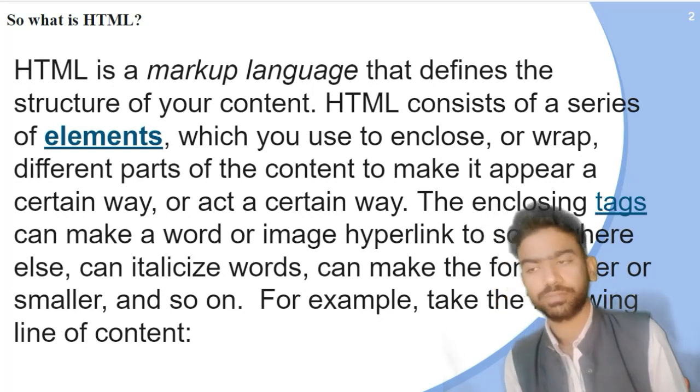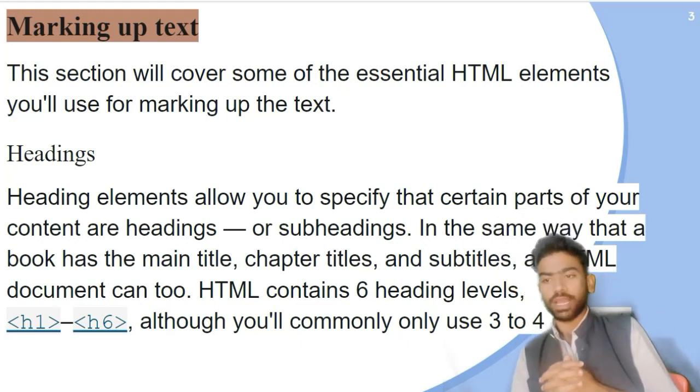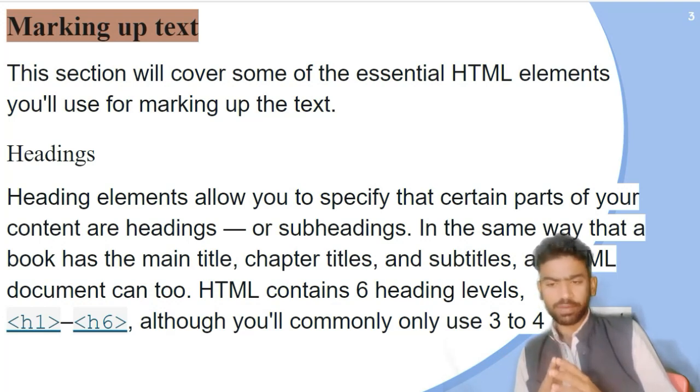Marking up text. This section will cover some of the essential HTML elements you will use for marking up text. Headings. Heading elements allow you to specify that certain parts of your content are headings or subheadings, in the same way that a book has the main title, chapter titles, and subtitles, and HTML documents can too.